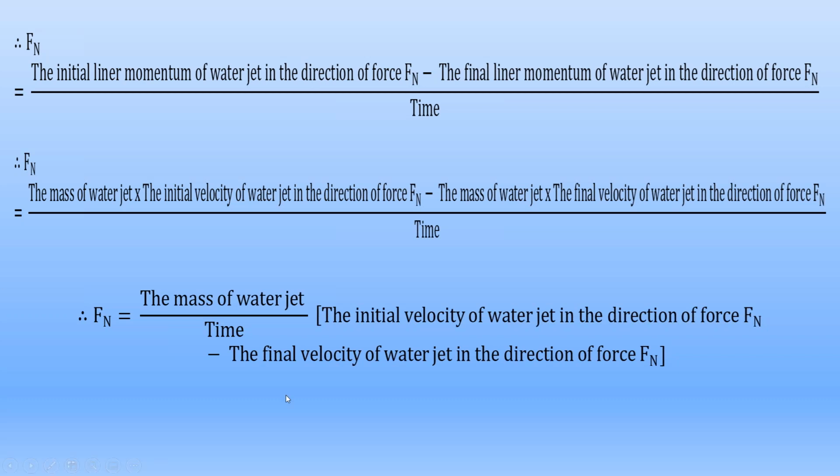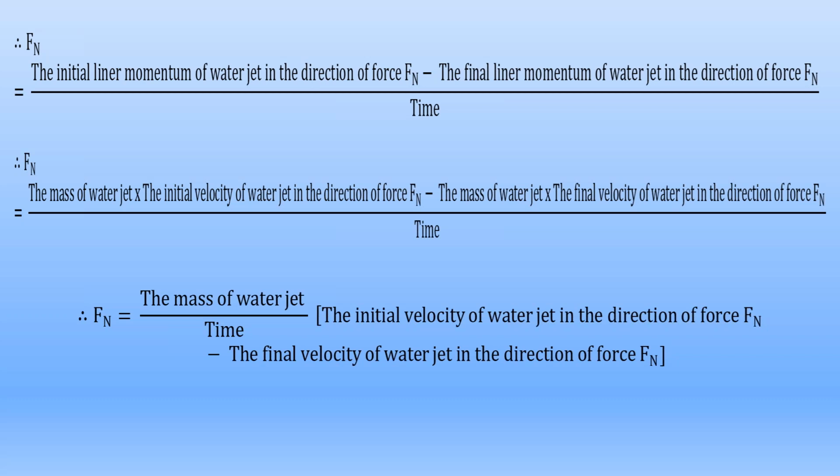Then what is the initial velocity of water jet in the direction of force Fn? Just now I explained, in this impact, the initial velocity is horizontal. The force Fn is acting in the normal direction, perpendicular to the inclined flat plate.